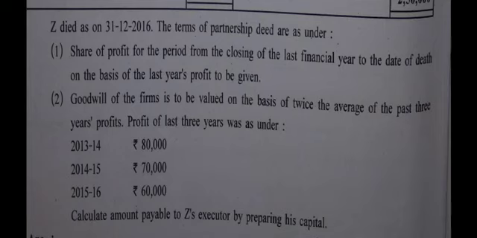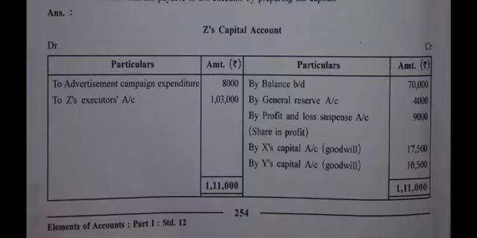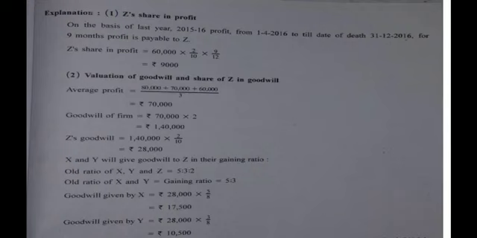Last year's profit is 60,000. This year is 16/17. Last year is 15/16. Yes? So now here is the calculation. 60,000 into 2 by 10. Why 2 by 10? Because this is the share of the partner who dies. Further, into 9 by 12. Why? Because the share is to be given only for 9 months.